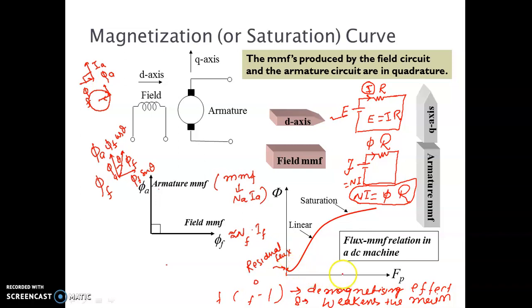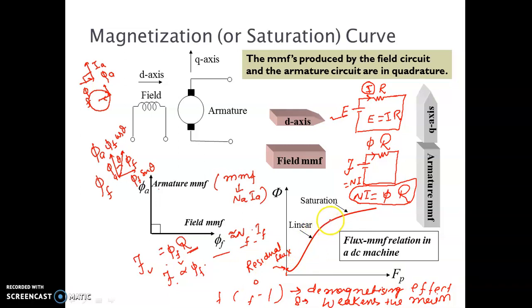After that, MMF is equal to phi F into reluctance. Let us consider reluctance constant. So if MMF increases, flux also increases. You see from here to here it increases.